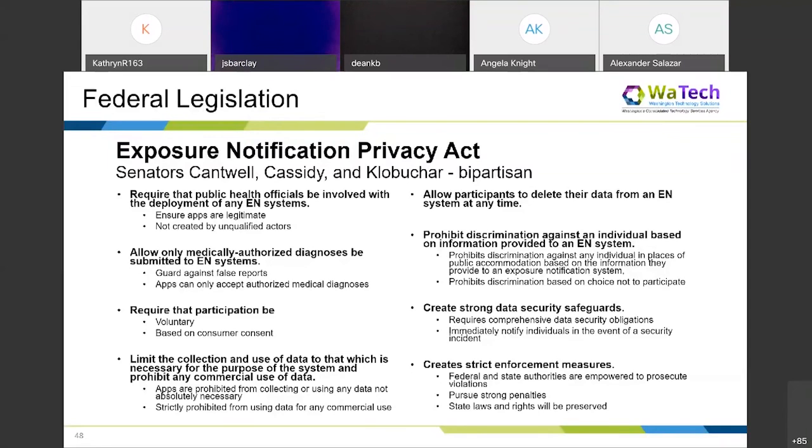So it can't be required. And then it also has some enforcement measures that allow the federal and state authorities to prosecute violations and pursue some strong penalties for collecting data and using it inappropriately through these apps.